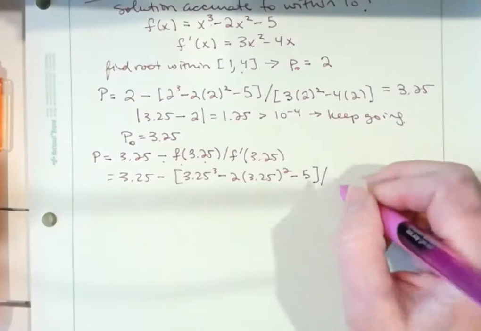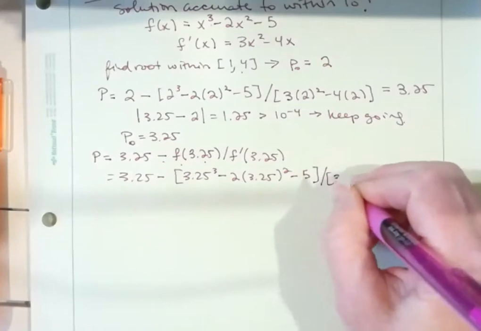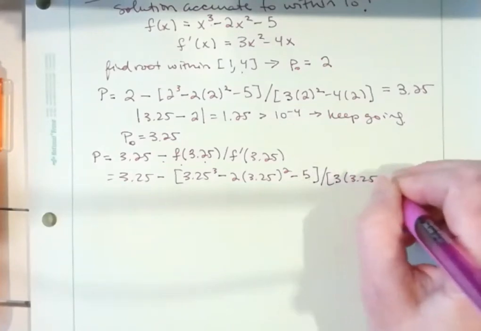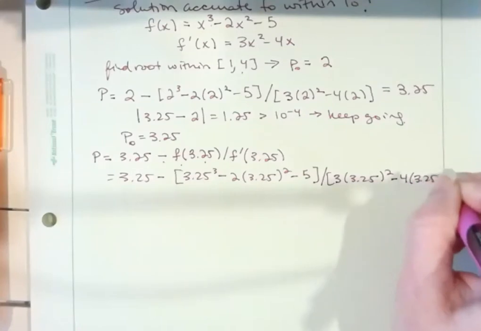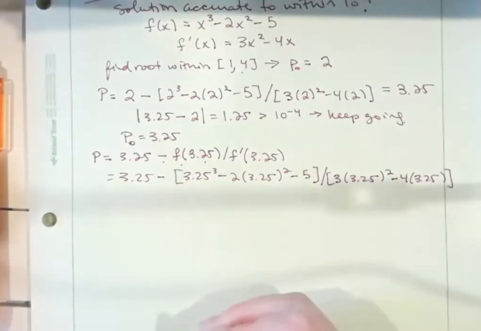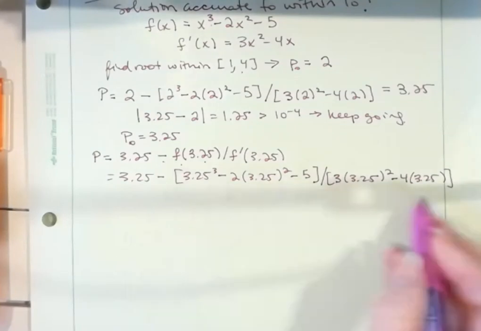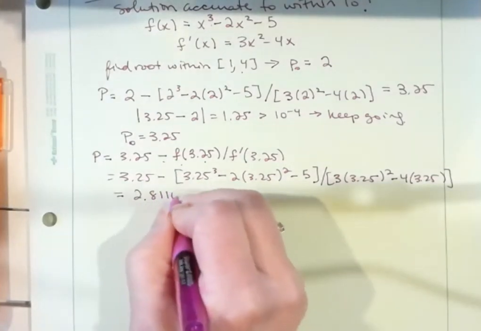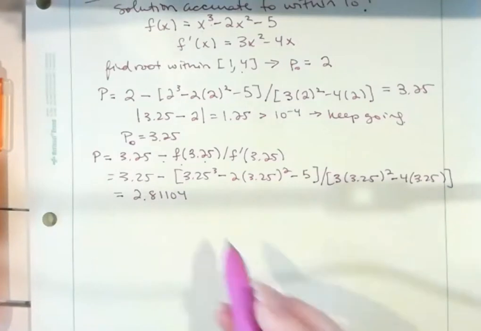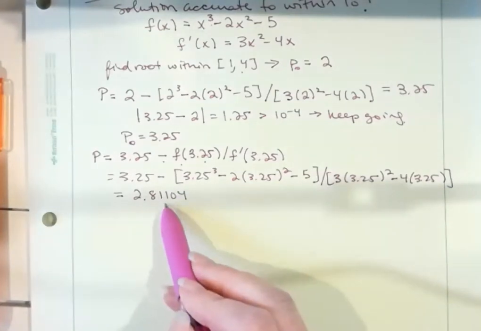And then we divide that by 3 times 3.25 squared minus 4 times 3.25. All right, so you're just plugging in your values. And then we need to obviously calculate the value for that. So we get 2.81104. So now we need to do the difference again.